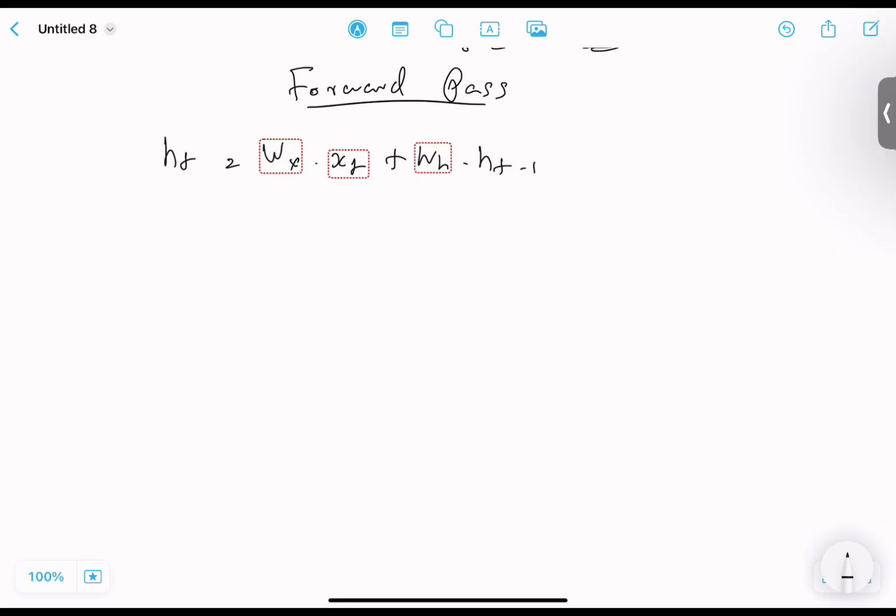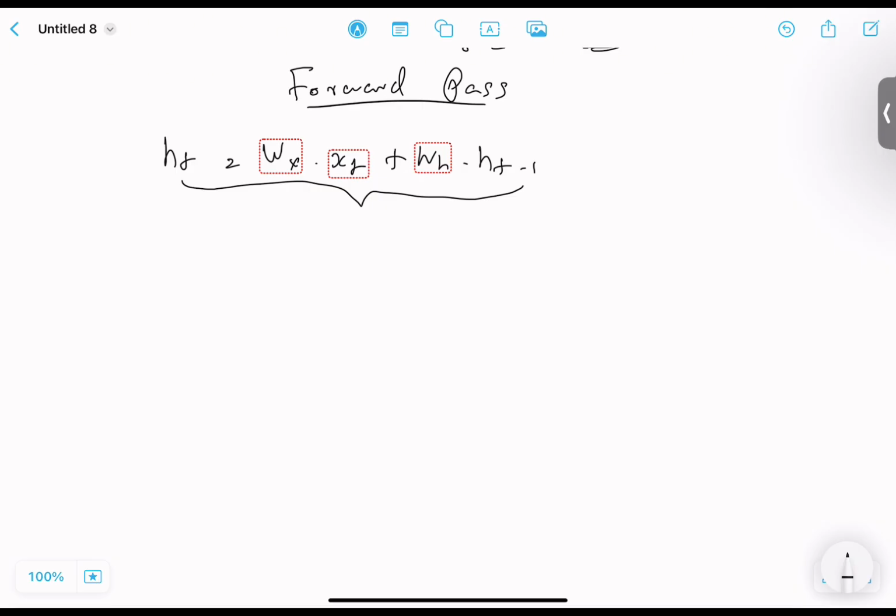So this will be the formula. Let's see what is meant by this formula.